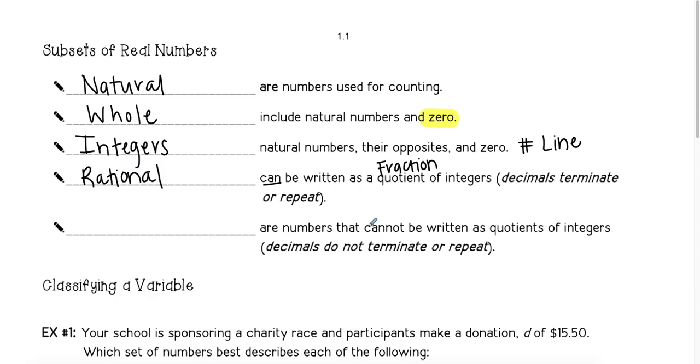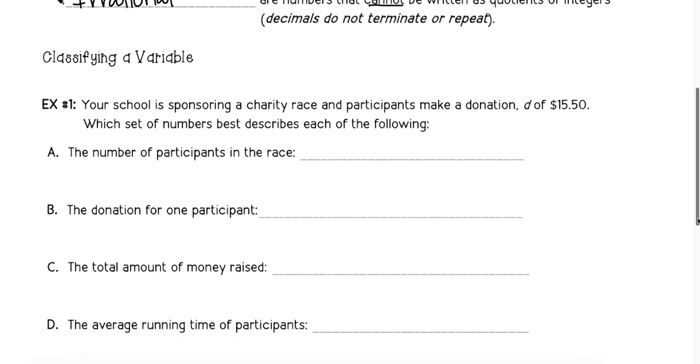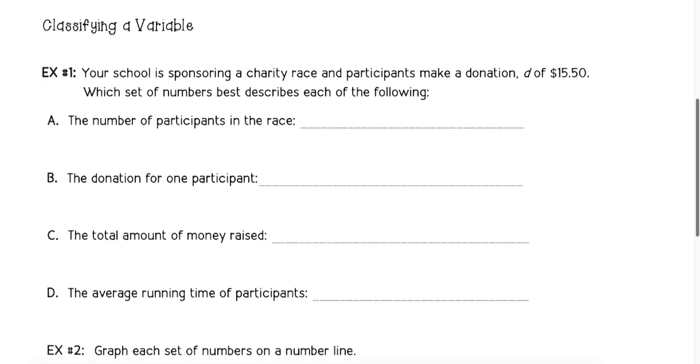And then if it cannot be written as a fraction, this is irrational. All right, so hopefully you guys understand all of those. Let's go ahead and move on down.